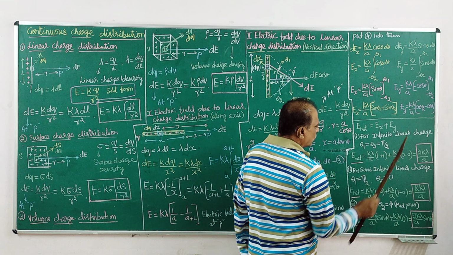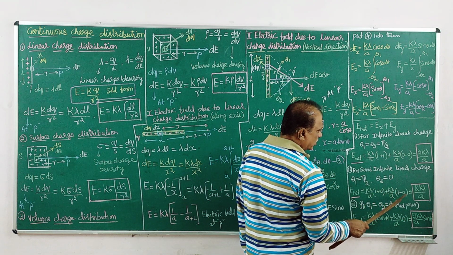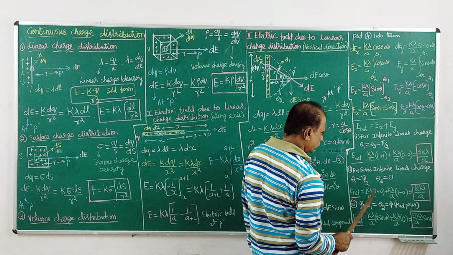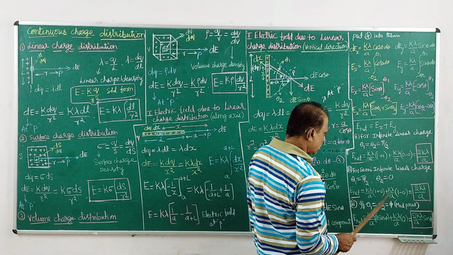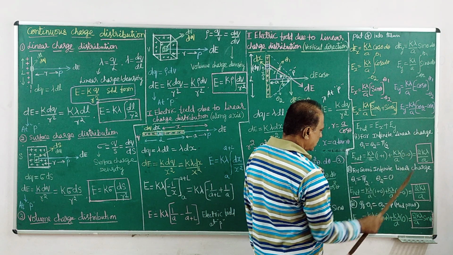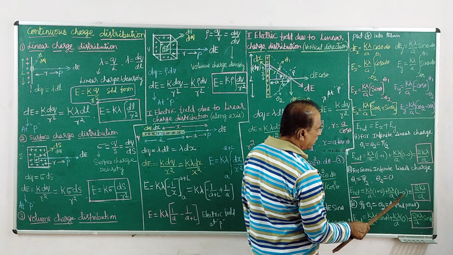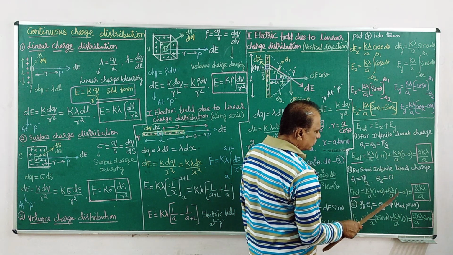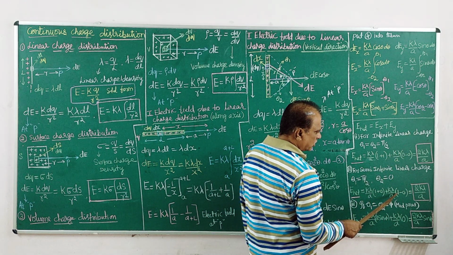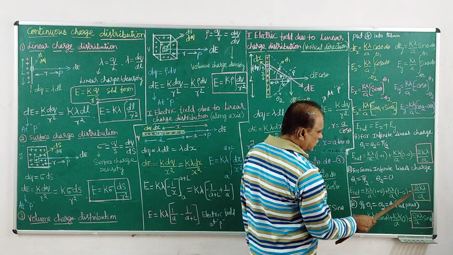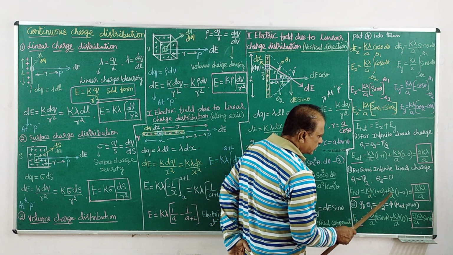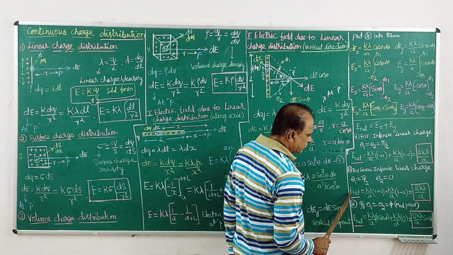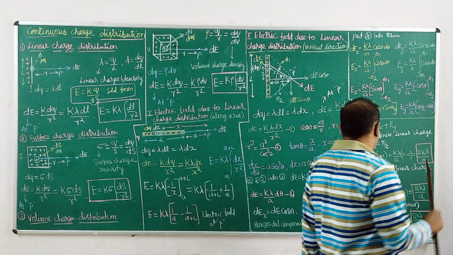Similarly, for the cosine terms, theta 1 is pi by 2, so cos pi by 2 is 0, and theta 2 is 0, so cos 0 is 1. So this is 1 unit. Overall, it is 2k lambda by a. So this is the net electric field.